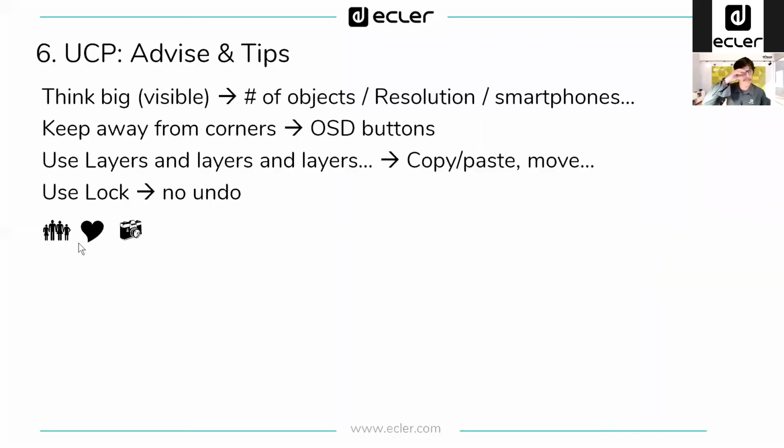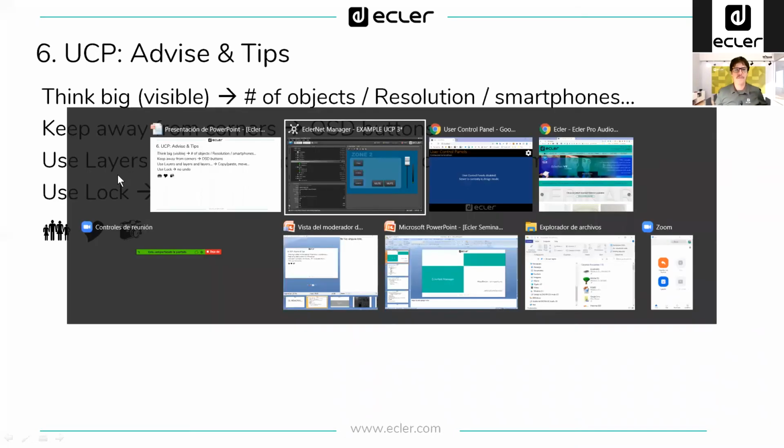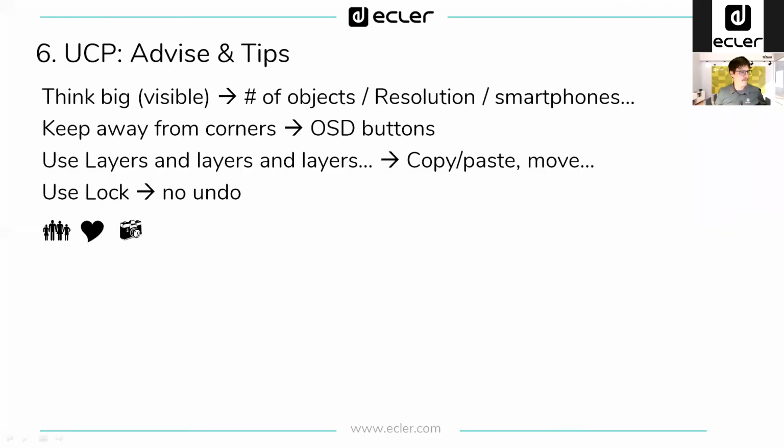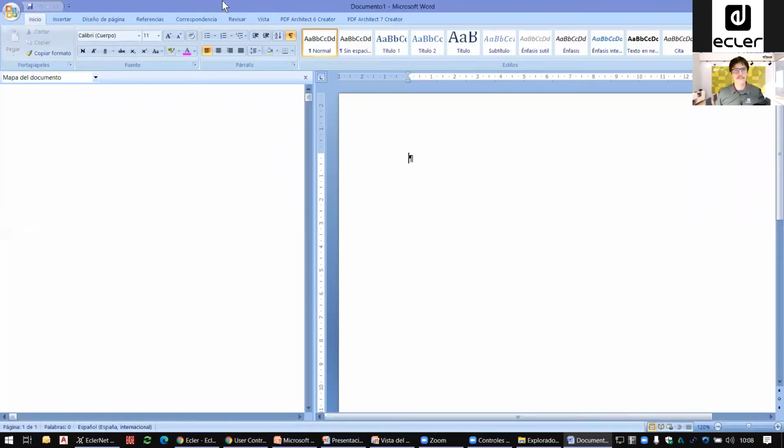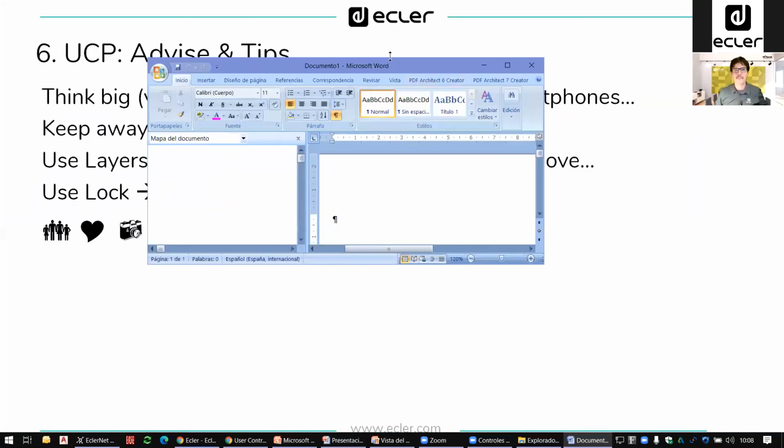Wingdings and Webdings. I don't know if you're familiar with these ones. It's a trick that I love to use. Let me show it to you. If you open, for example, whatever in the Office family, let's open Word, you can insert a symbol.